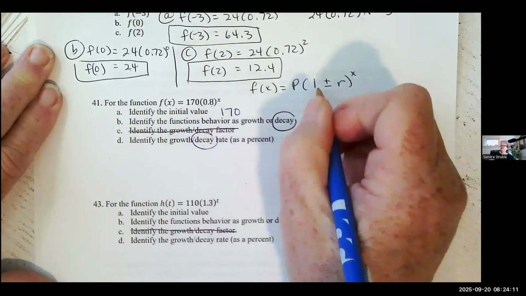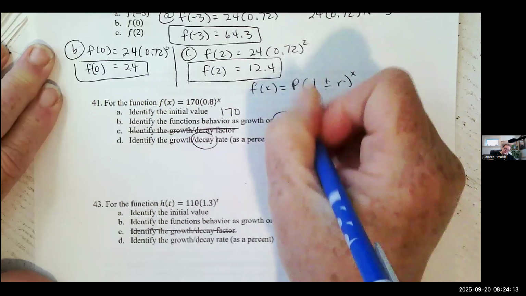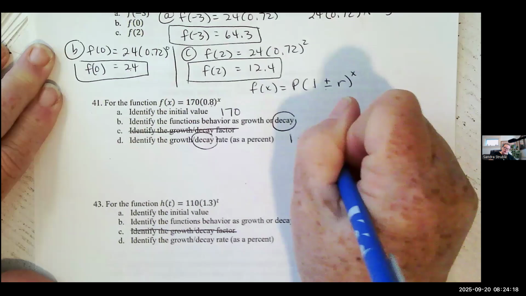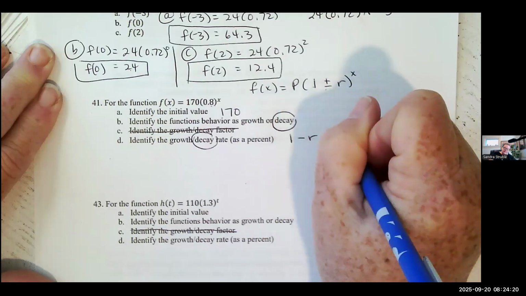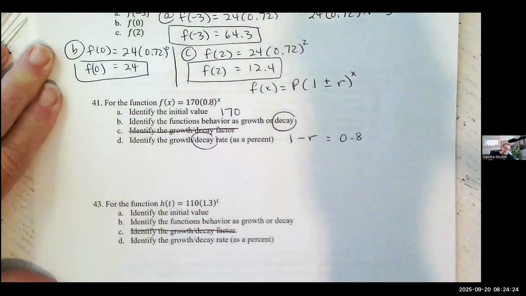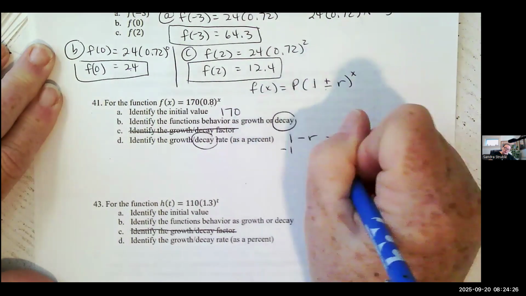So we're identifying the decay rate. And to do that, you have to use 1 minus r. You might want this too. For decay, it's 1 minus r is equal to what's in the parentheses. Okay, I gave you that in your original notes. I'm just going to solve for r.